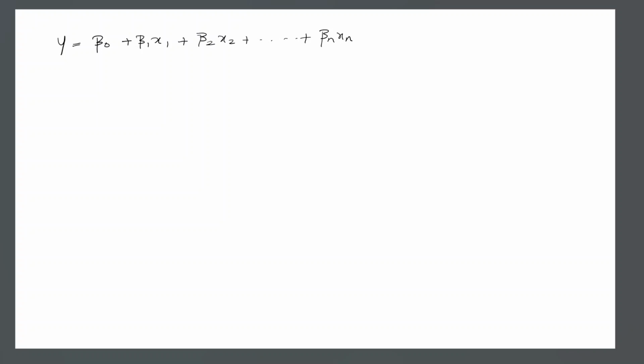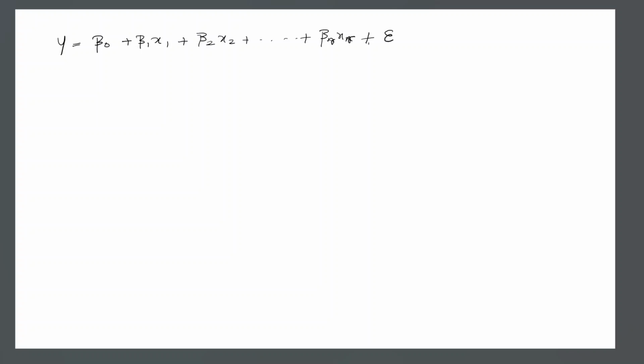This can alternatively be represented with the error term, because without the error we can never get a 100% fit.